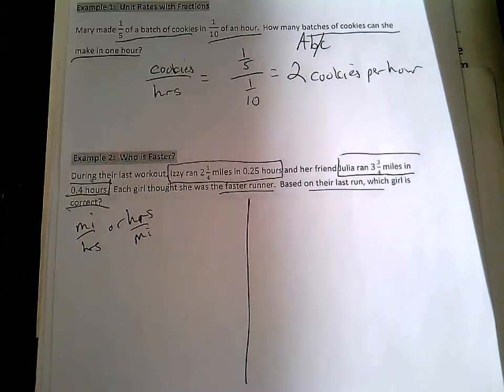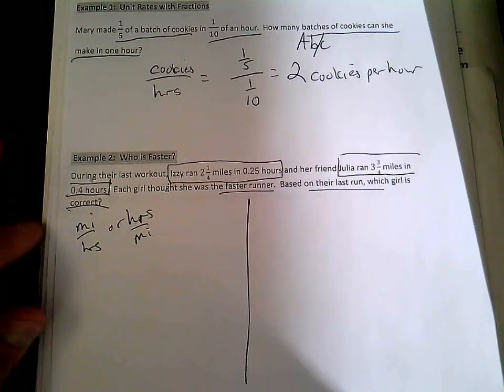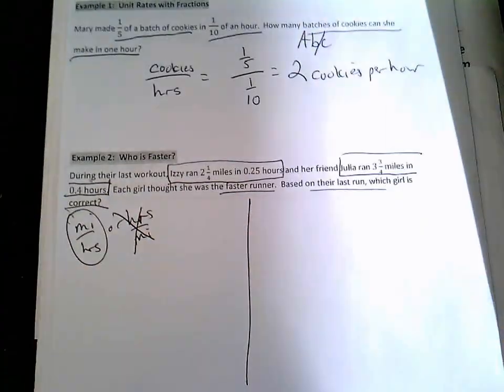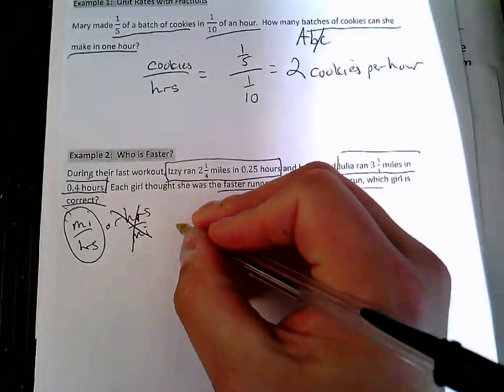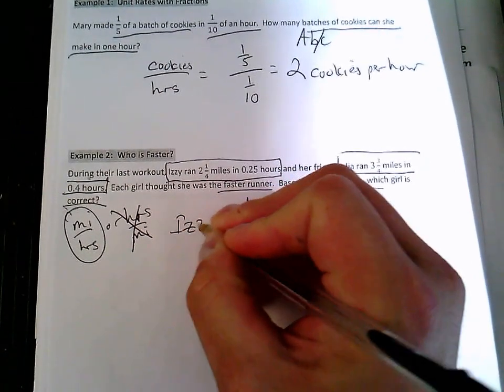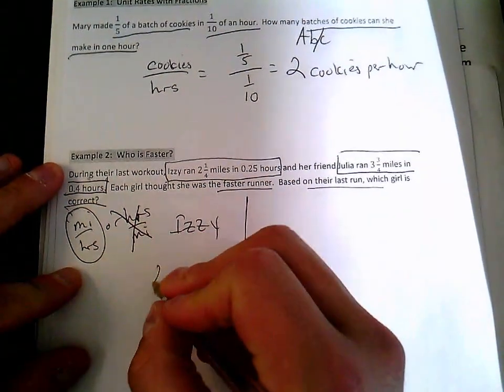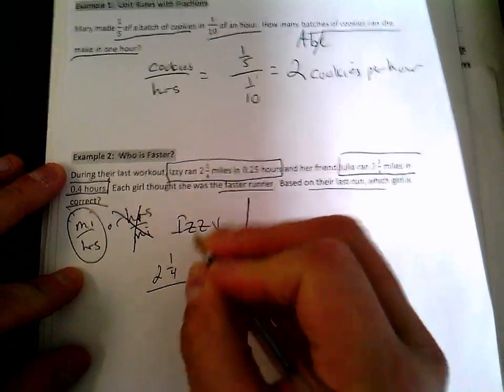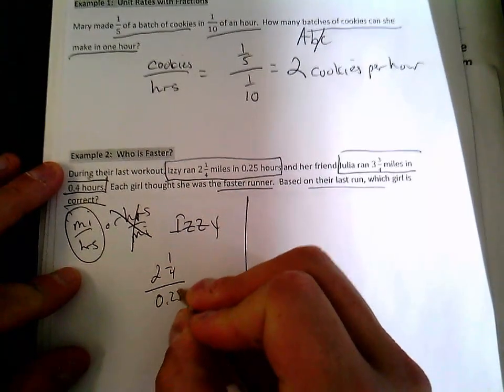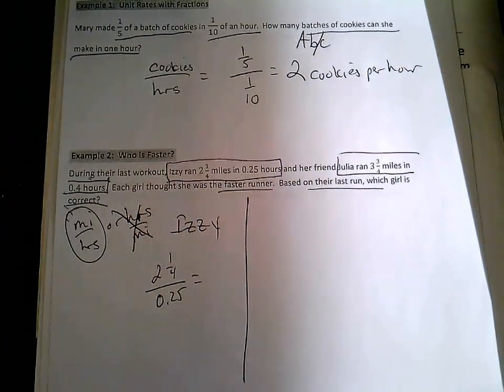The one above said cookies per hour. Well, I will tell you that time always goes on the bottom. So we've got Izzy. That's how I make my Z's, I put slashes in them because they look like my 2's. She goes 2 1/4 miles in 0.25 hours.